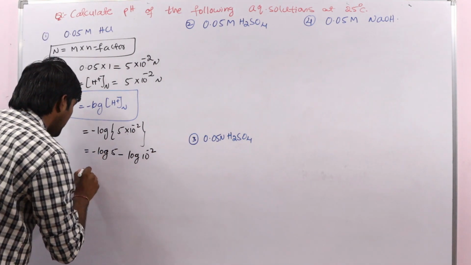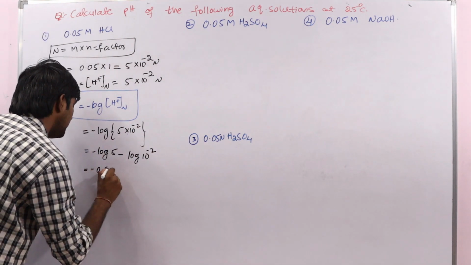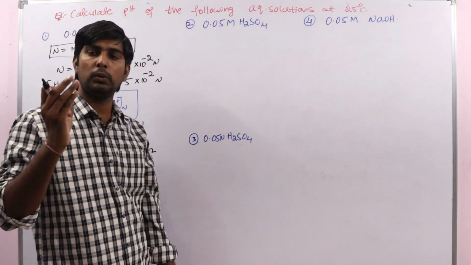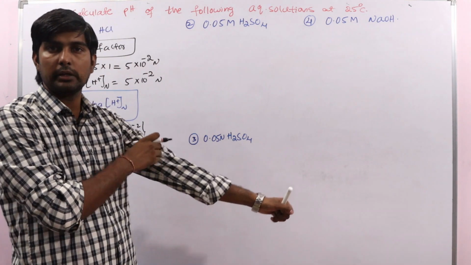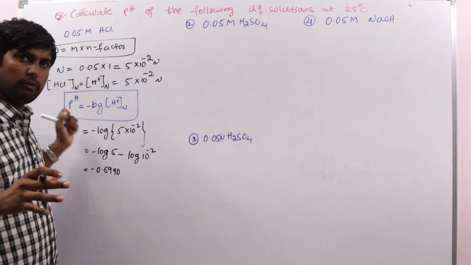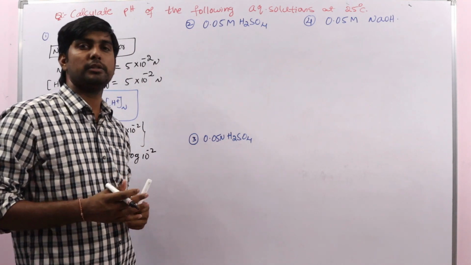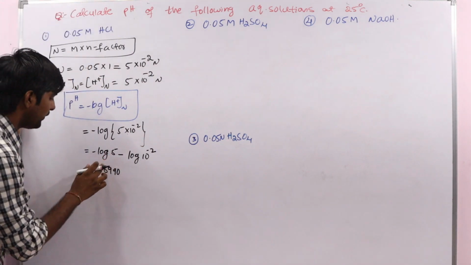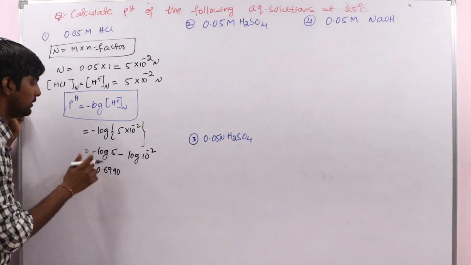Now log 5 how much? 0.6990. We have to remember the log 2, log 3, log 5 and log 7 values. Sometimes they will provide them in the examination and other times they do not, so better remember. So log 5 is 0.6990.